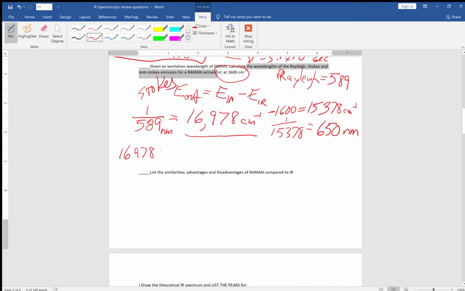If I look at the anti-Stokes emission, by adding the 1600 reciprocal centimeters, I get 18,578. Taking the reciprocal of that number, that means that the anti-Stokes emission, the blue shifted emission, is 538 nanometers.